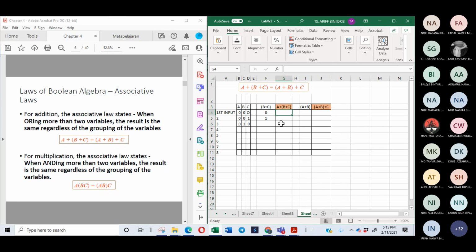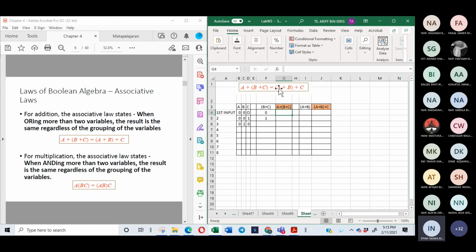Okay, so we have done B plus C. You remember during your high school or matriculation or STPM or diploma time, whenever you see this mathematical expression, which one do you need to do first?